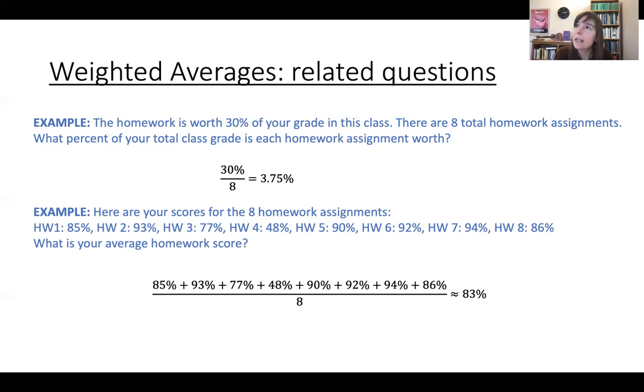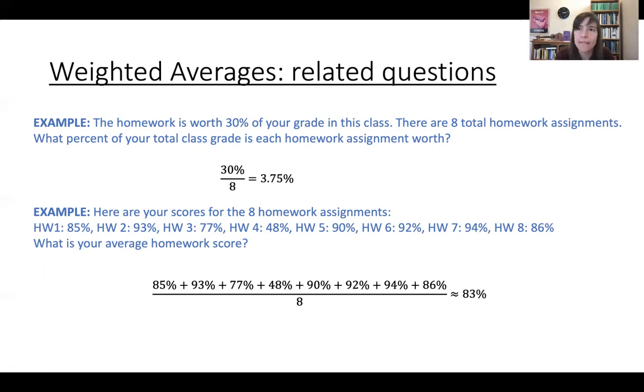So in certain problems you'll be asked to do, you might have to do these calculations first before being able to take the weighted average. So this is just a regular old average, assuming that each of the homeworks are worth the same.